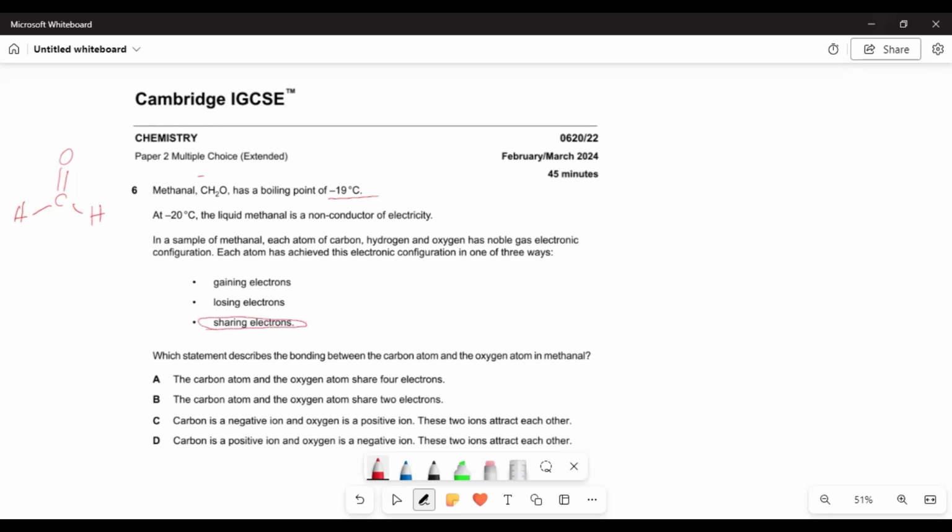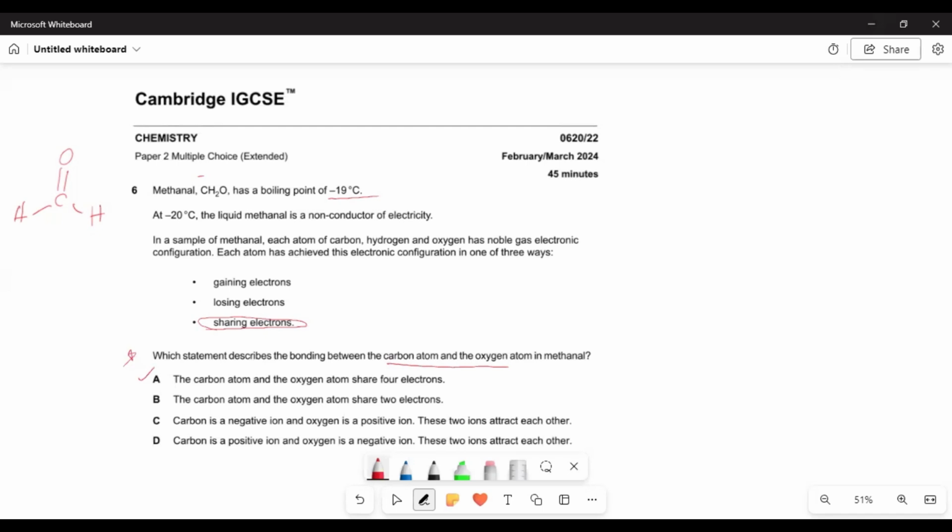Which statement describes the bonding between the carbon atom and the oxygen atom? This is the main question. The carbon atom and the oxygen atom share 4 electrons. Yes, one bond means 2 electrons, so two bonds mean 4 electrons. Yes, it looks correct, but we will see other options as well.